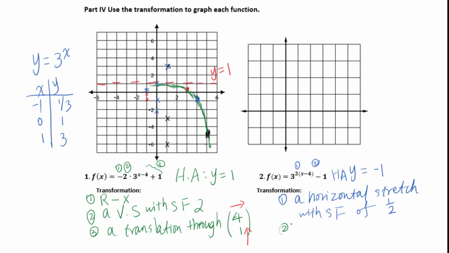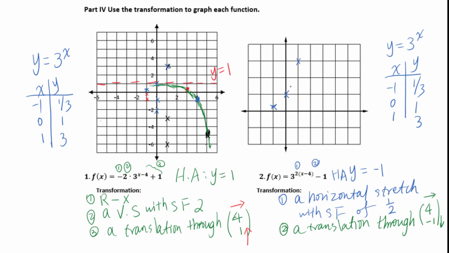For the second step, a translation through (4, -1). Move to the right 4, go down 1. We know y equals 3 to the x power is the parent function. So we will get these 3 points. Let's draw y equals -1 as a horizontal asymptote line.